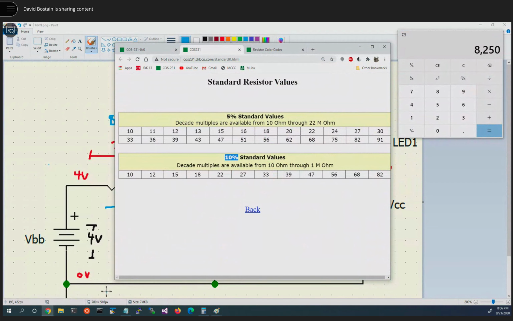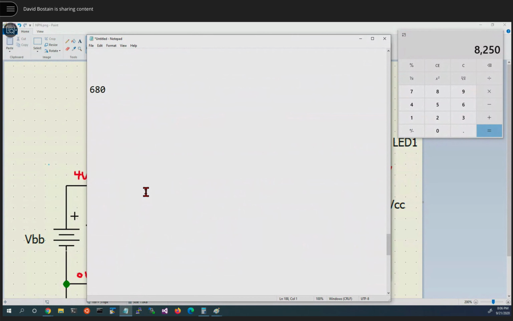So let's write the 8.2 down, and it's 8.2 K, which is equal to 8,200, which since we're going to do some work with it, we'll work with it and then put the K back later.